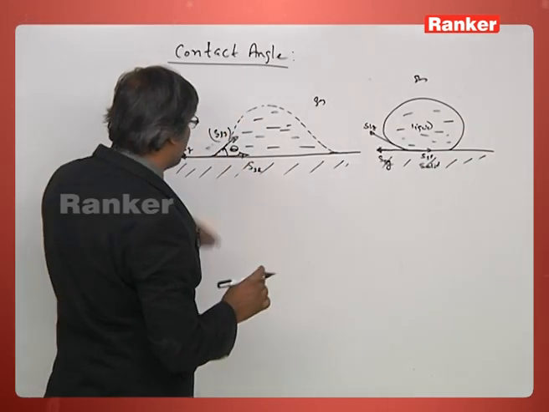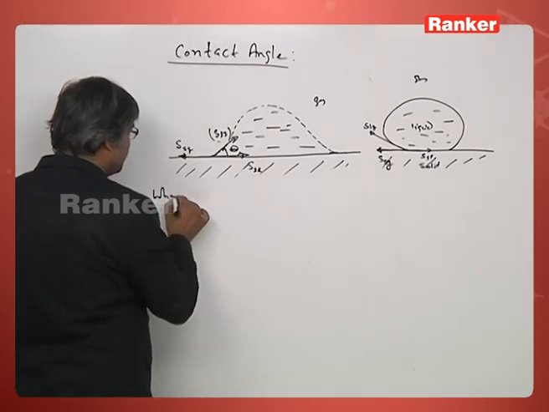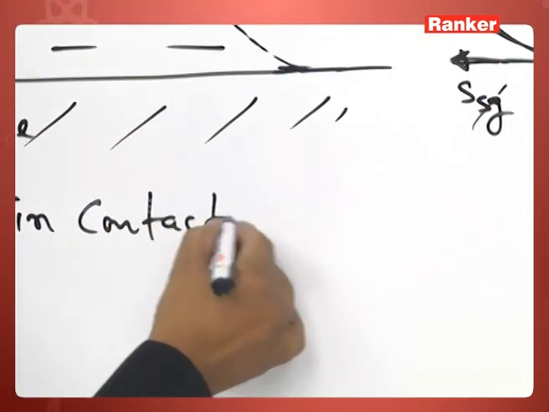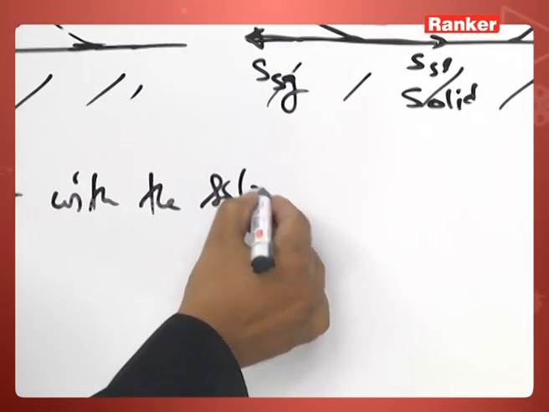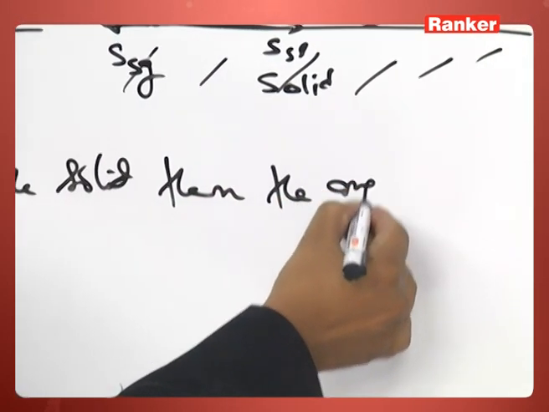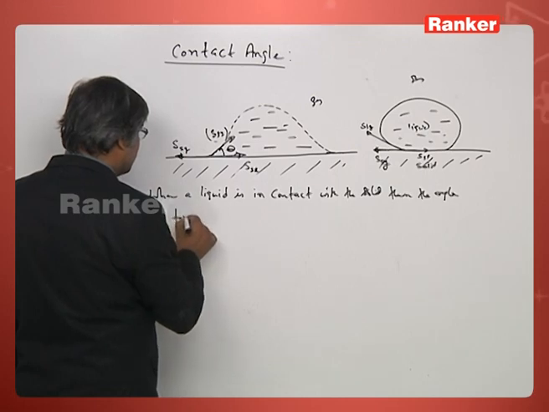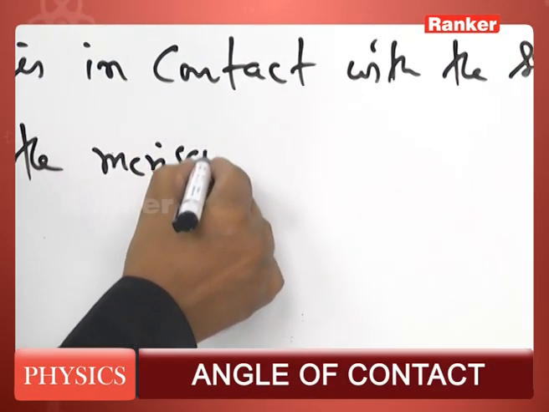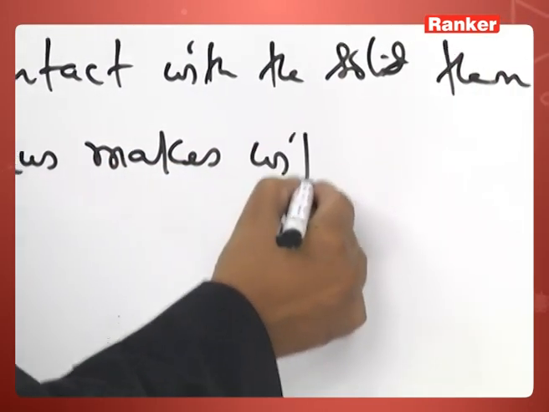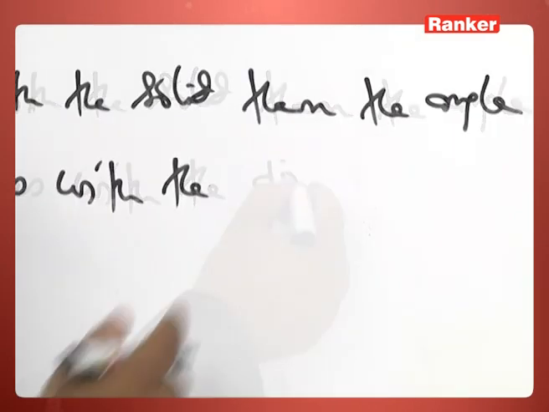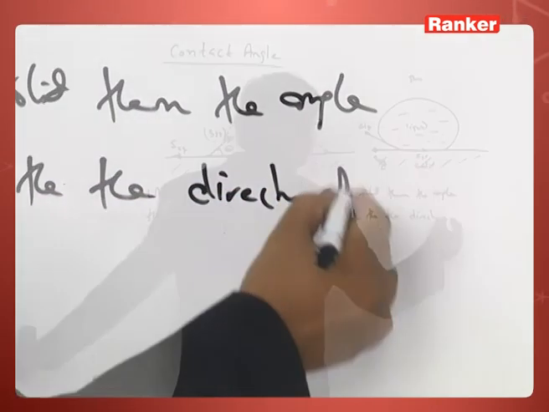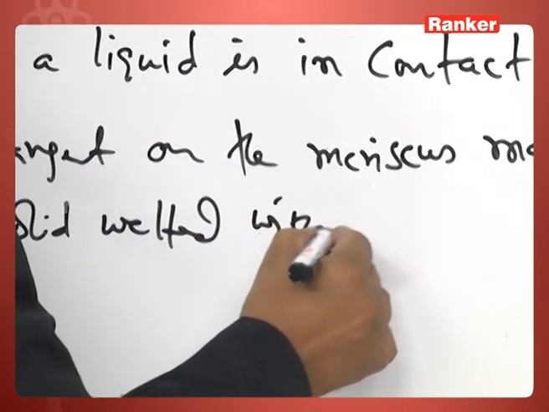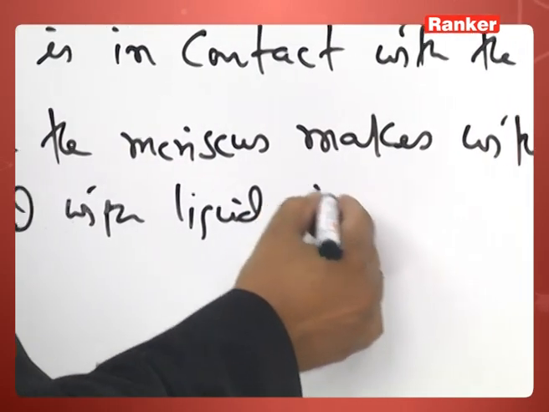So, let us first define what is the contact angle. When a liquid is in contact with a solid, then the angle the tangent on the meniscus makes with the direction of the solid wetted with liquid is called the contact angle.